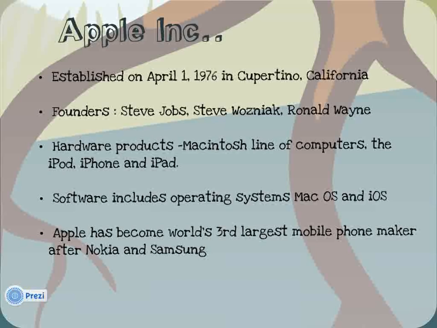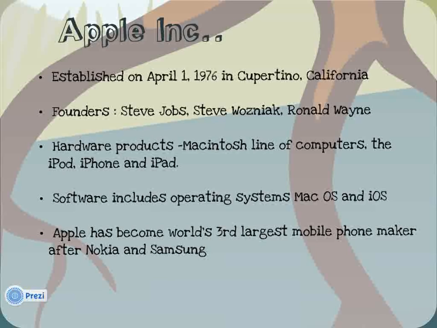Apple Inc. is a multinational corporation. As I said earlier, it produces both hardware and software products. Hardware products include the Macintosh line of computers and iDevices. The Macintosh line means iMac systems and Mac notebooks, Mac laptops. And iDevices means iPod, iPad, iPhone and so on. You might be a little confused between iPad and iPod.